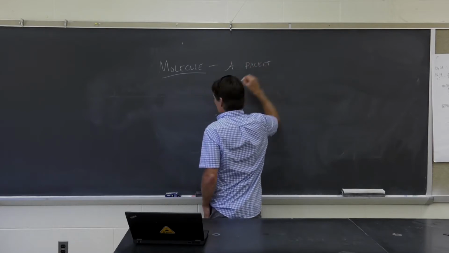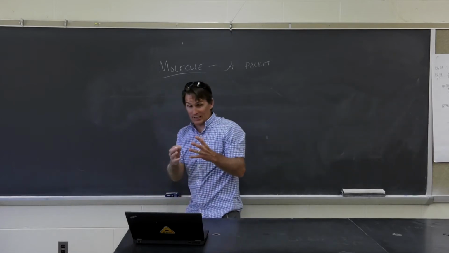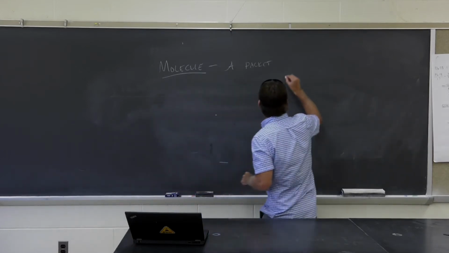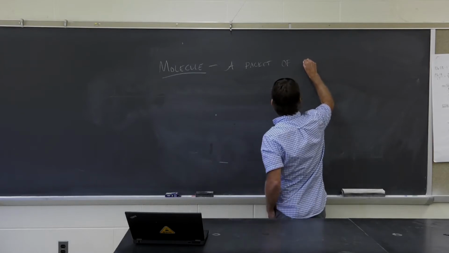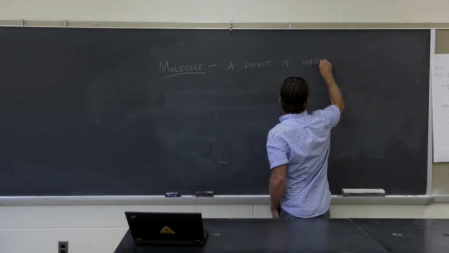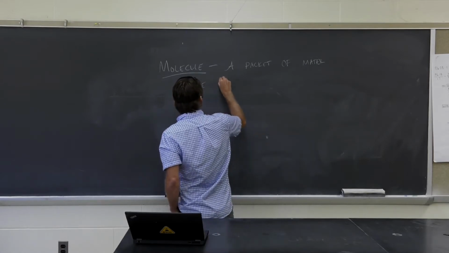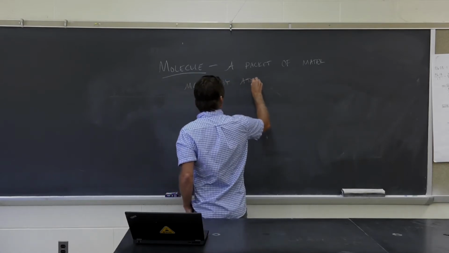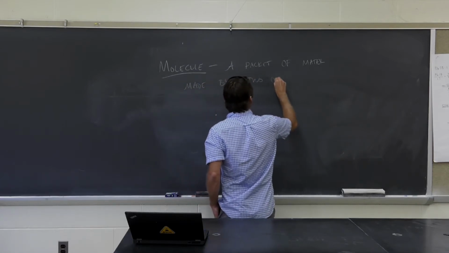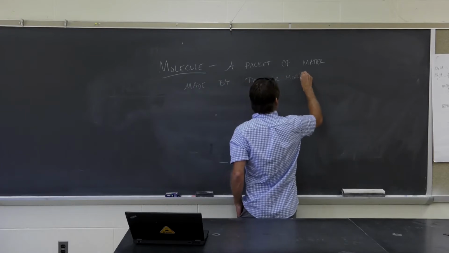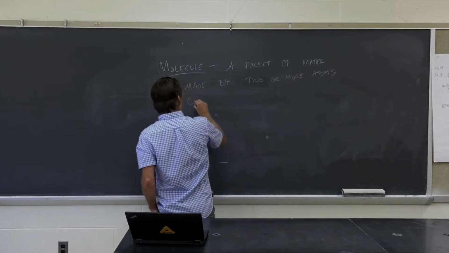It's a tiny packet. We're talking things on the size of molecules and atoms here. It's a very tiny packet of matter made by, I should say, two or more atoms connected.